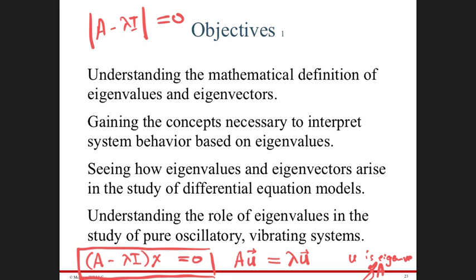When can this happen? When the system is underdetermined, which means I have fewer equations than variables, and for this I have to have the determinant of A minus lambda I equal to 0, the singular case.